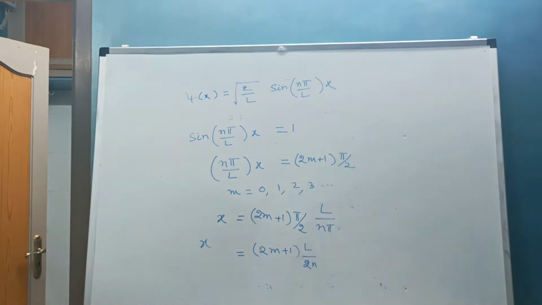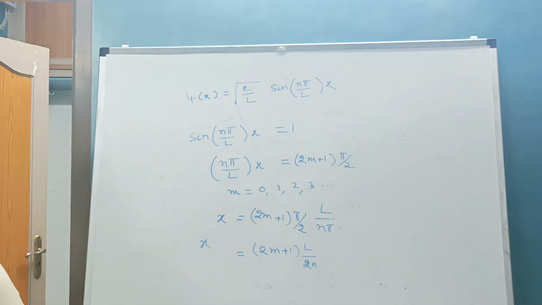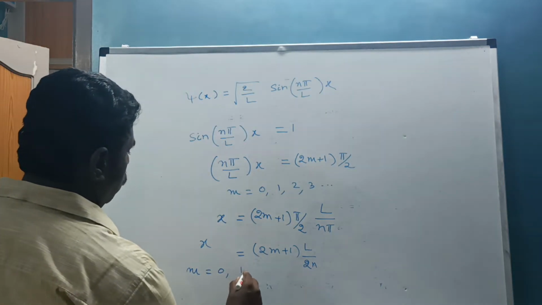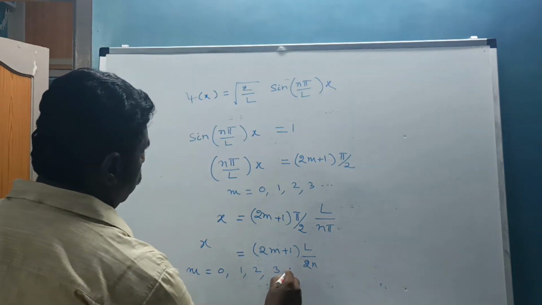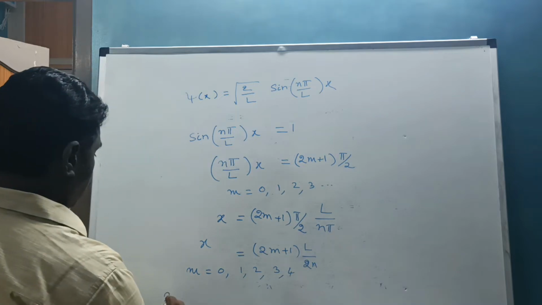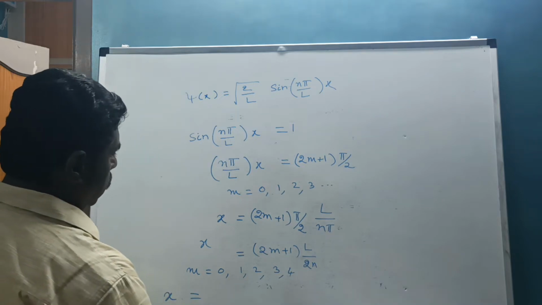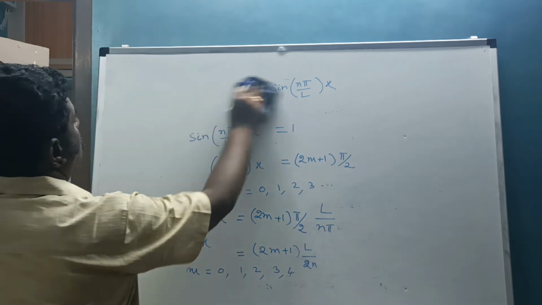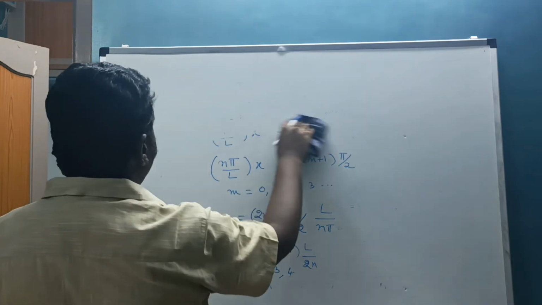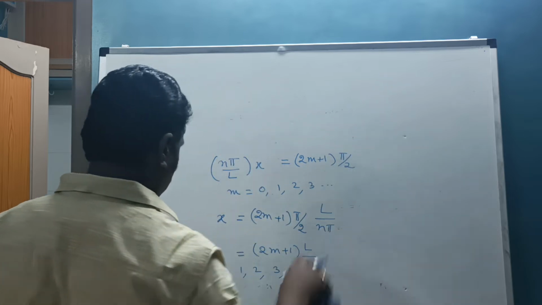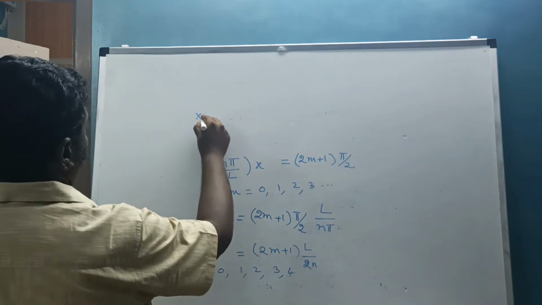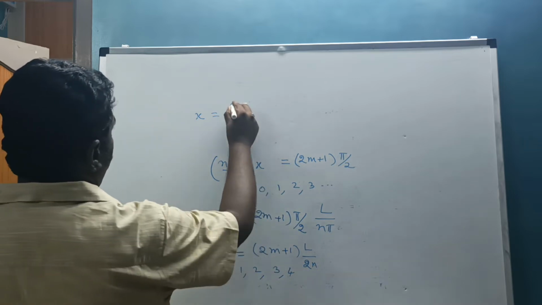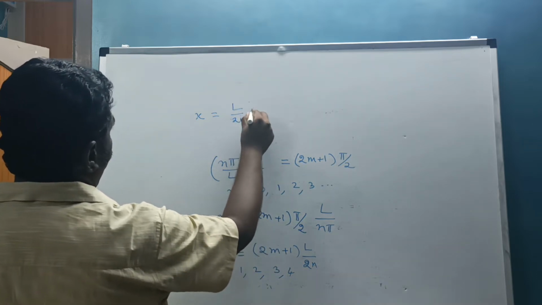If you put m is equal to 0, 1, 2, 3, 4, you can get the values of x. See, m equal to 0, therefore L divided by 2n.